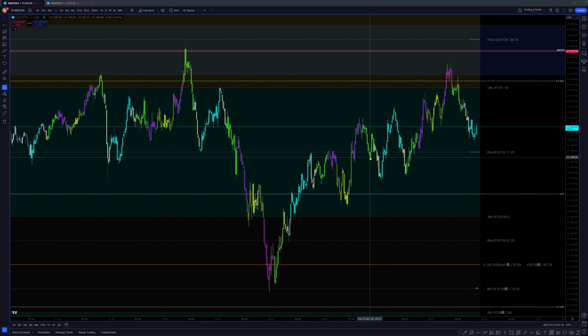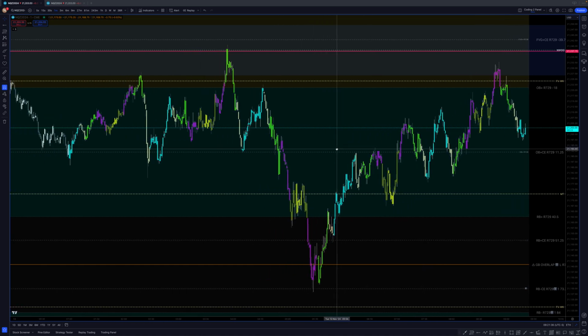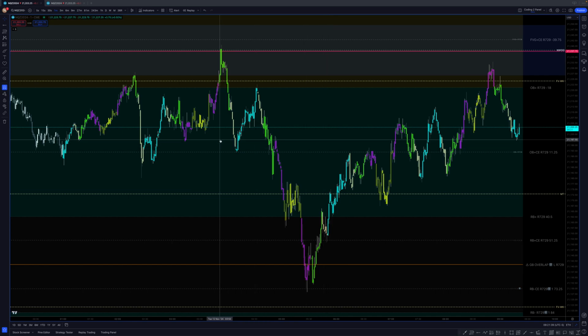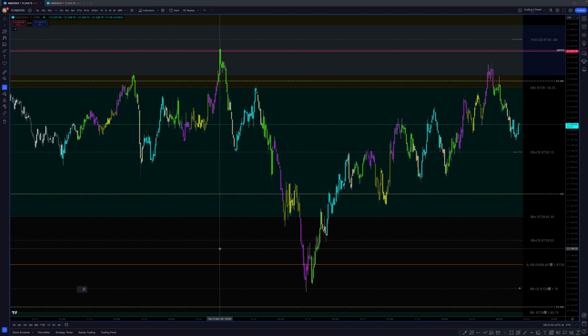So let's kind of look at that a little bit, that reaction during London. $353. Okay. So I'm going to kind of look at the dealing ranges put in since then. So what we're going to look at is a line from right there. And these are just like steady lines.